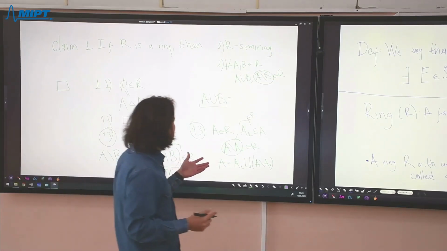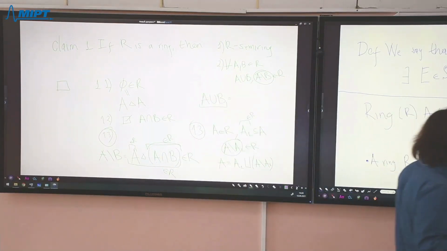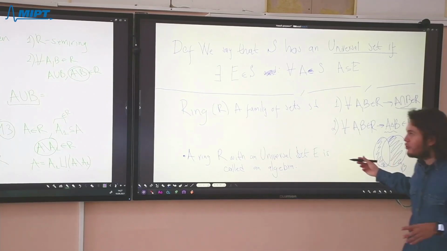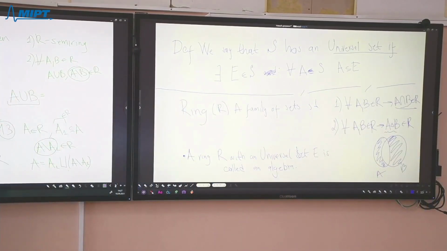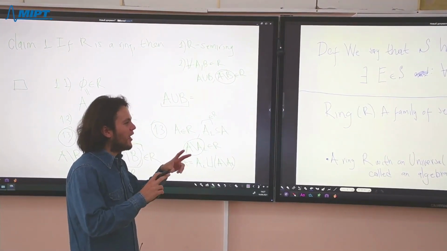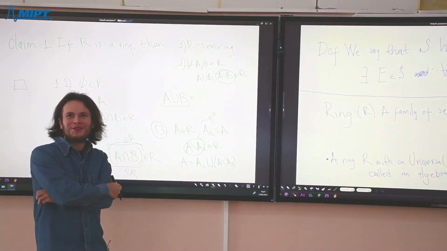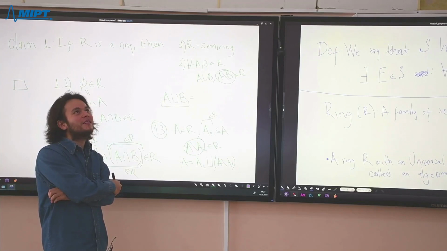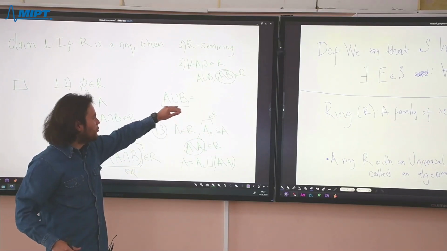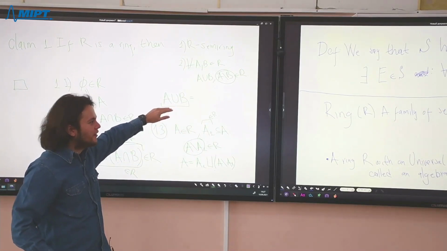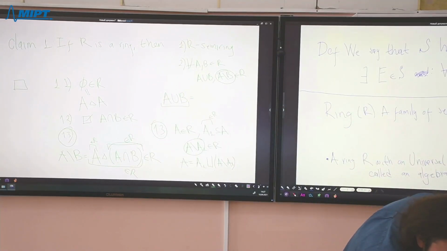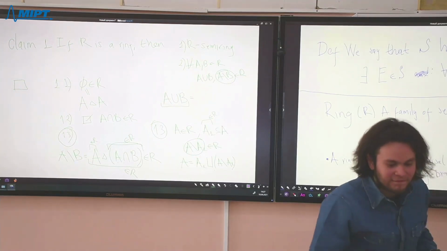So we need A union B. As far as I can see, just A intersection B, wait, A minus, A, yeah, but that's what we have to prove, union, right? Just let me see it. Okay. Yeah, it's like this.